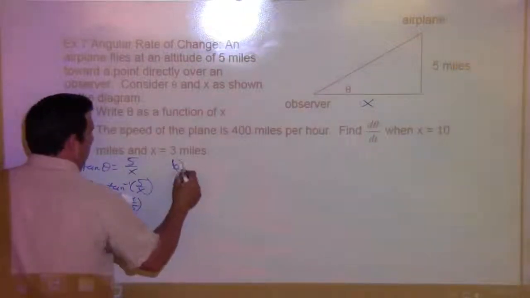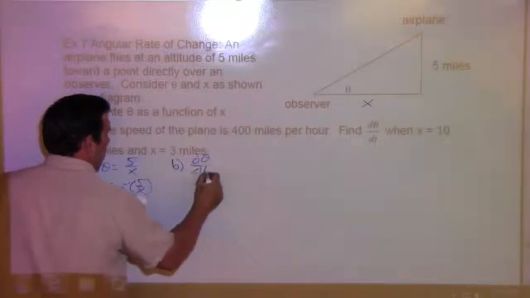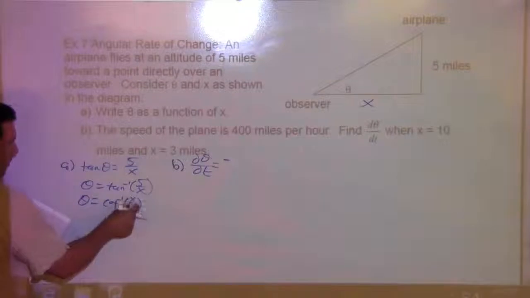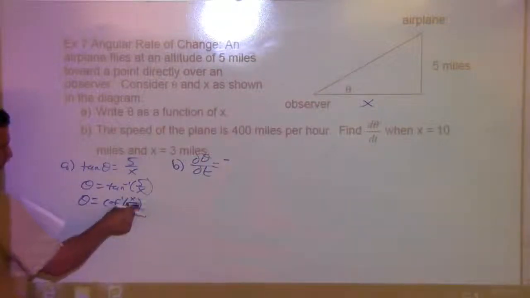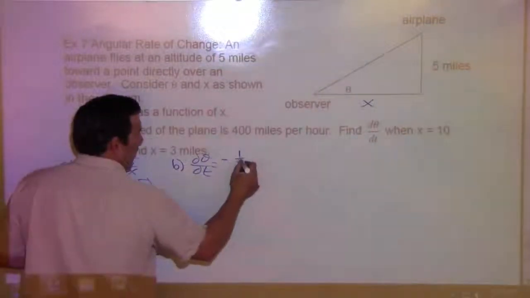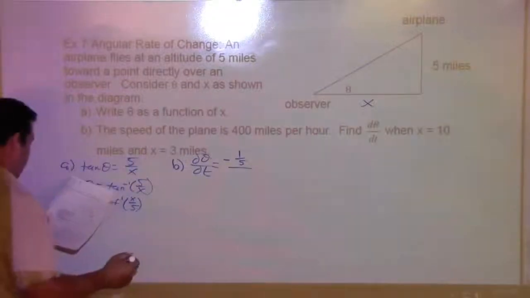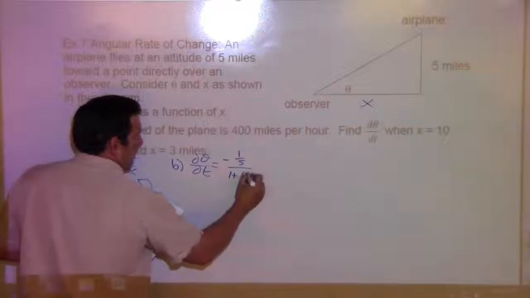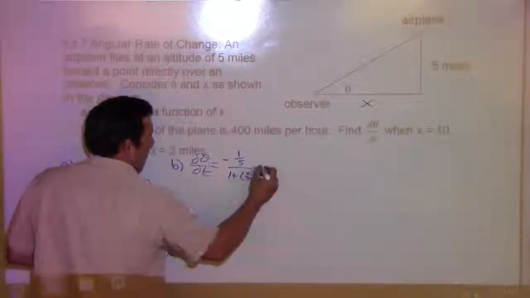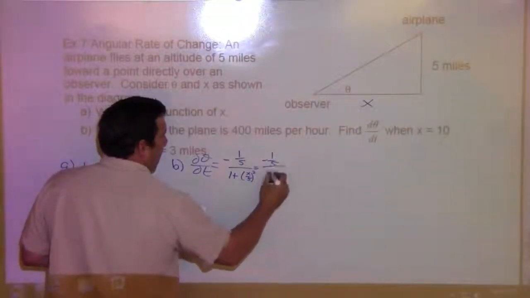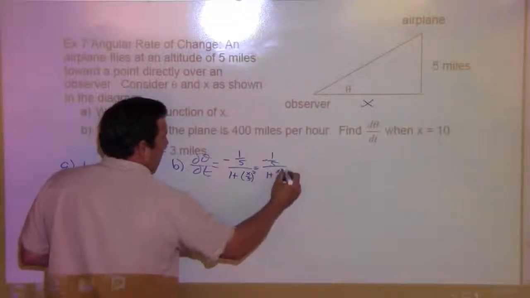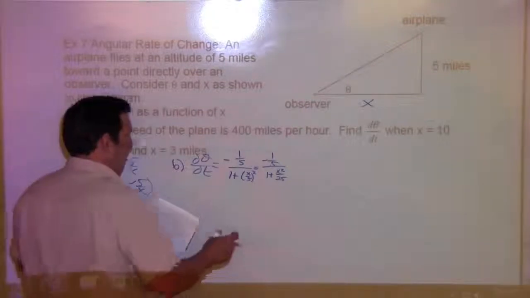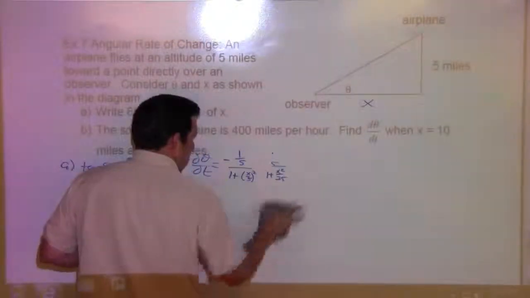So for B, our d theta dt is going to be negative u prime, where u is x over 5. Its derivative is 1/5 over 1 plus u squared, so that's x over 5 squared. Negative 1/5 over 1 plus x squared over 25. I forgot my dx dt.